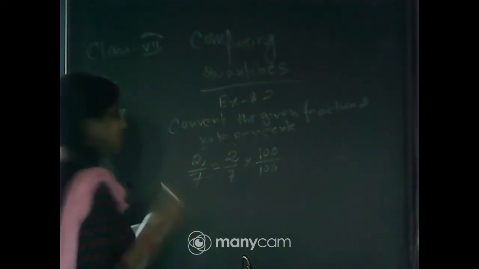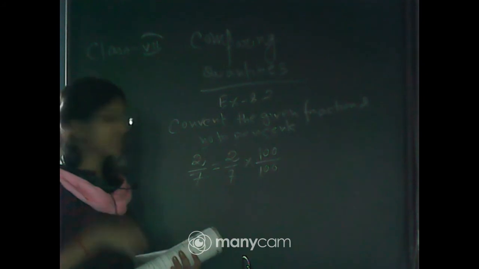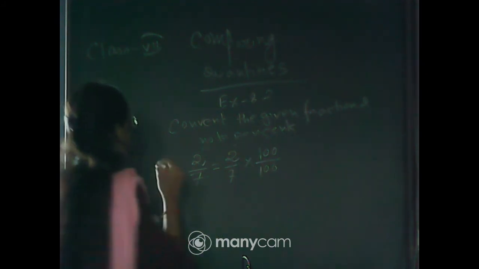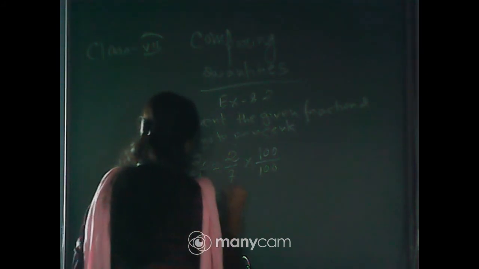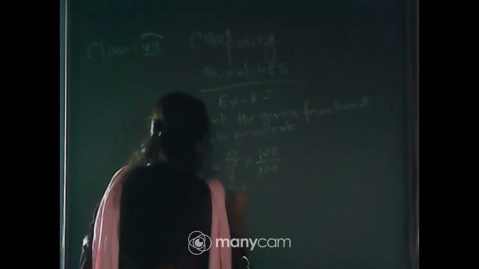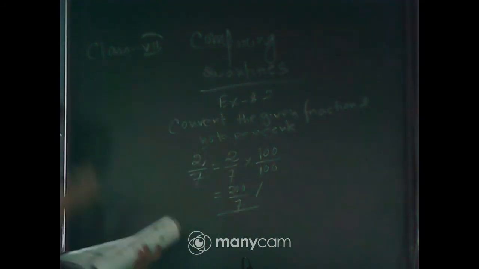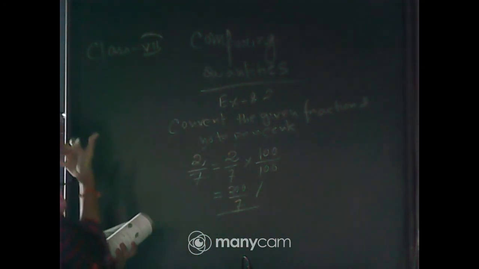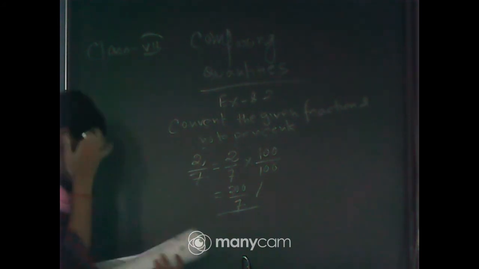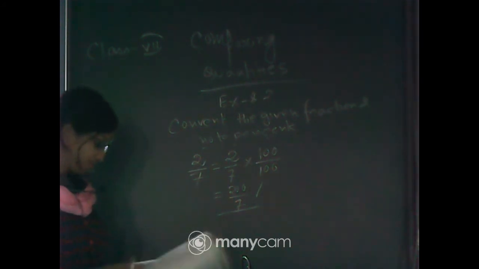To convert it into percentage, we multiply both the numerator and the denominator by 100. Therefore, this is equal to 200 by 7 percent. Therefore, 2 by 7 is equal to 200 by 7 percent.